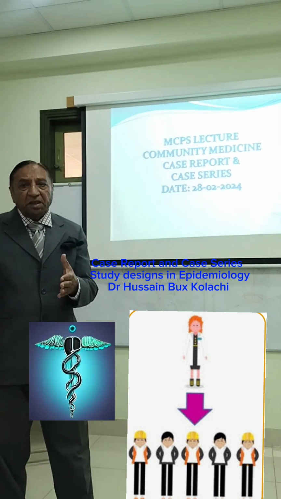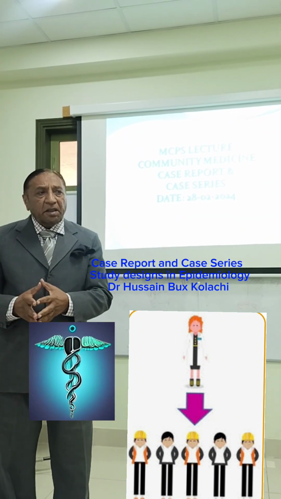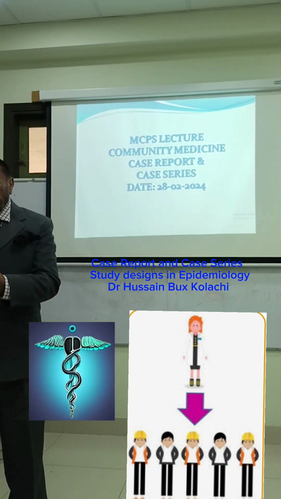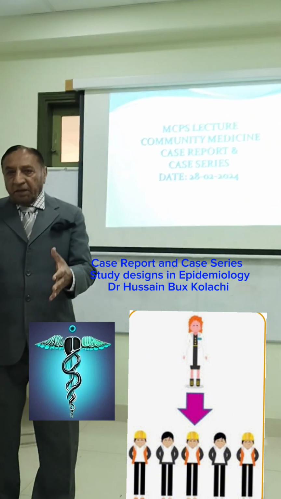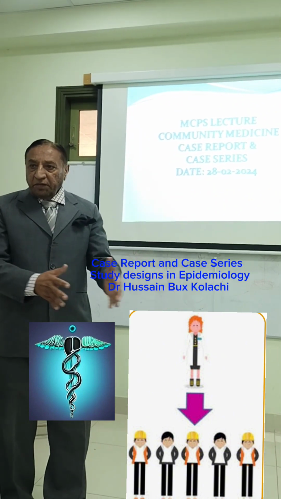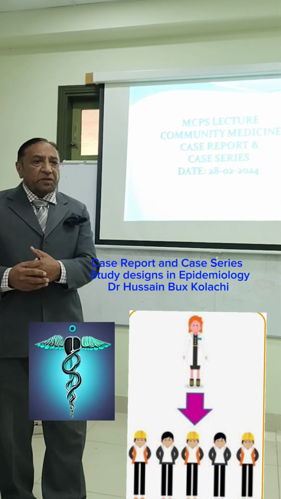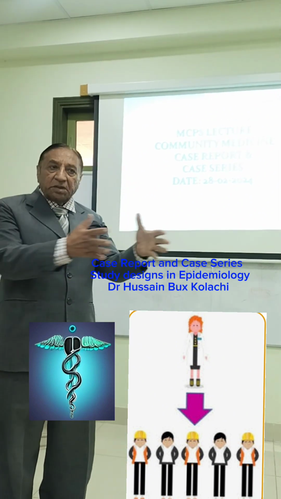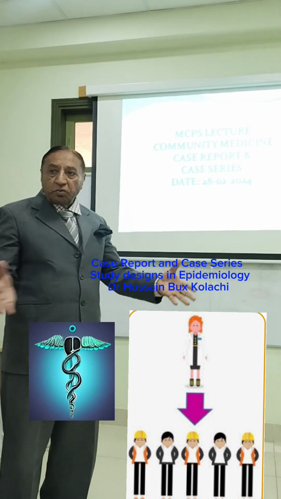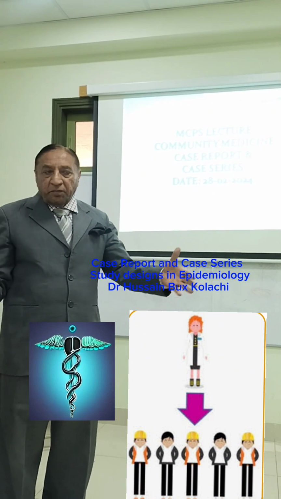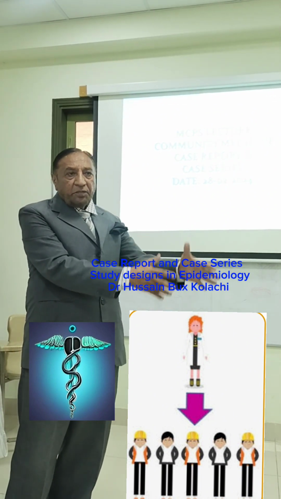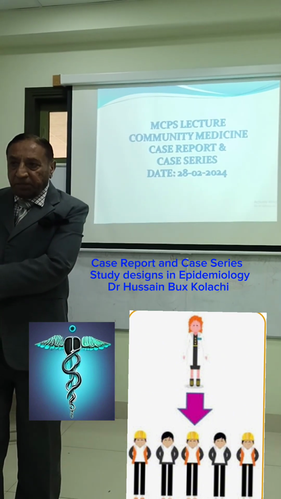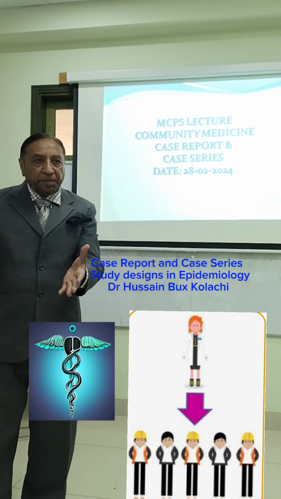And another is analytical. In analytical, we normally use some kind of comparison, whether case control, whether cohort, or whether any kind of experimental group. We give something to this group. Suppose two painkillers are there. We can compare. We are giving one painkiller to this group, and we are giving another painkiller, and we can compare.